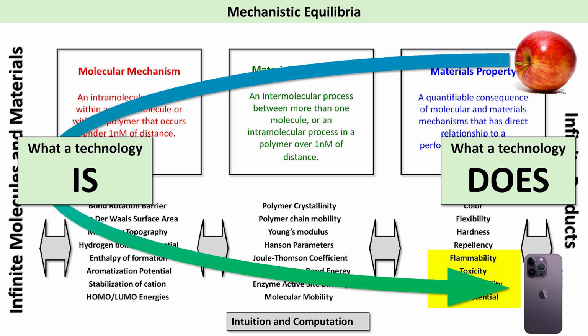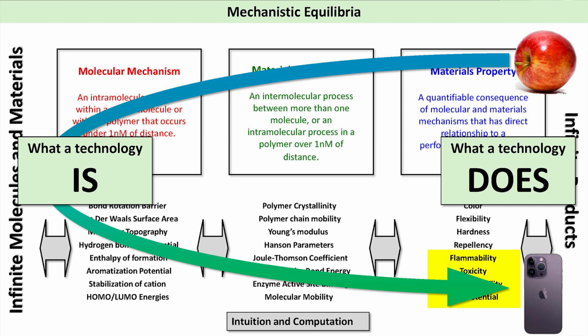Okay, that's getting a little bit better. That's an intermolecular process of more than a nanometer in a polymer. But that is still not a molecule. But a material mechanism is a consequence of a molecular mechanism. That is an intramolecular process of less than a nanometer in a polymer. Bond rotation, enthalpy of formation, stuff like it.